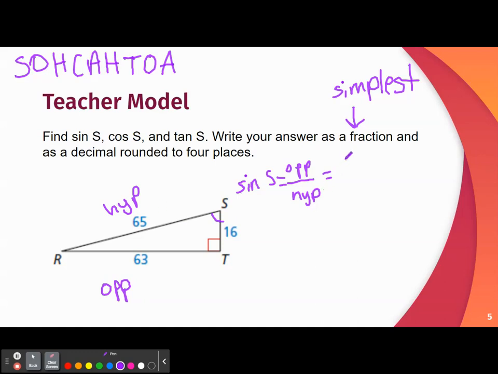Okay, so that would be 63 over 65, and I'm almost 90% positive that that does not reduce. It does not. So 63 over 65 is the fraction answer. And then for the decimal, I just changed it to a decimal, and it's approximately 0.9692. And there you go.